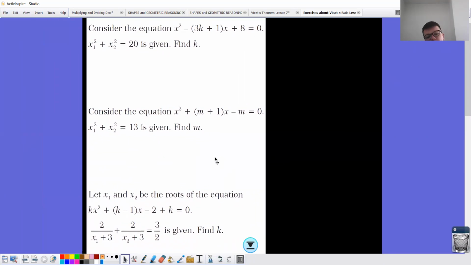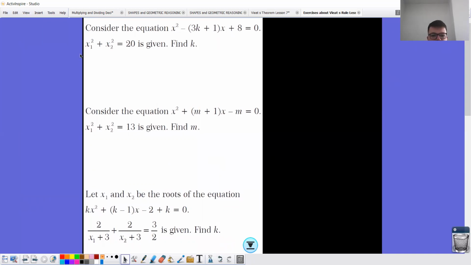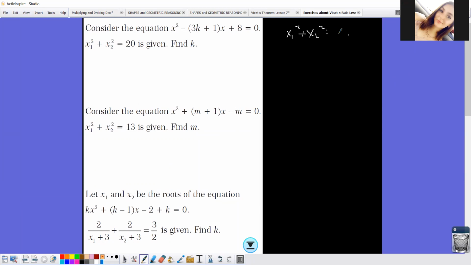No, we should find the binomial thing. Yes, you need to find x1 squared plus x2 squared. So this one is, guys, x1 plus x2 squared minus 2x1 times x2.